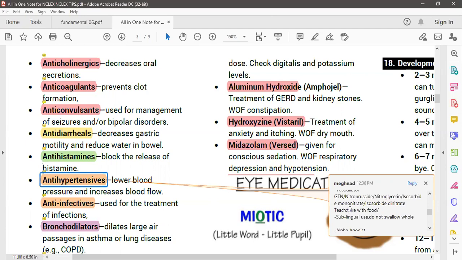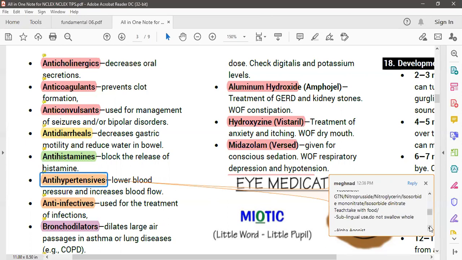Also, continuous EKG or blood pressure monitoring is important. And nitroglycerin is always given sublingually; do not swallow it.